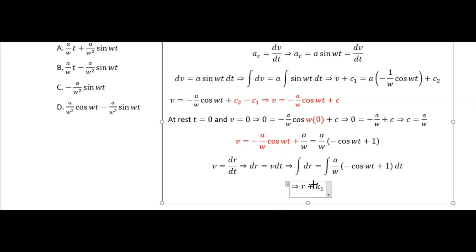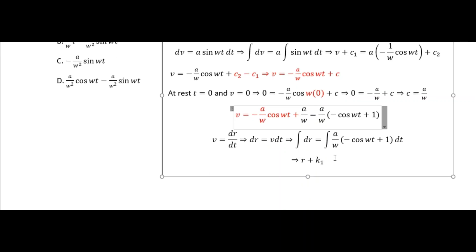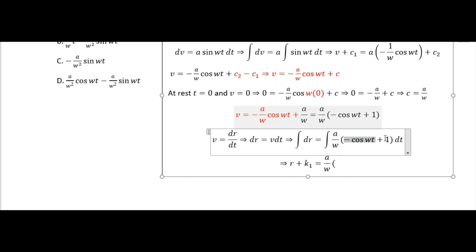Now we need to integrate the right hand side as well. On the right hand side, a over omega is a constant, so I'm going to pull it outside. When I integrate negative cos, let's integrate 1 first.